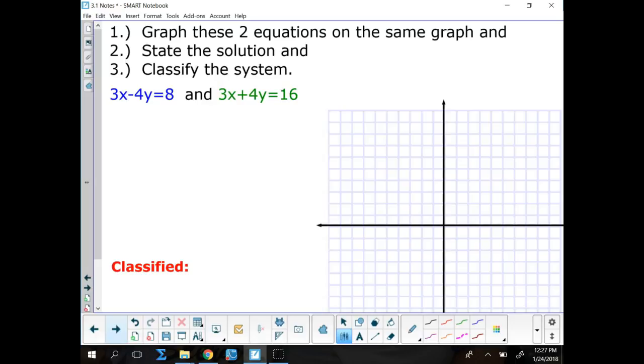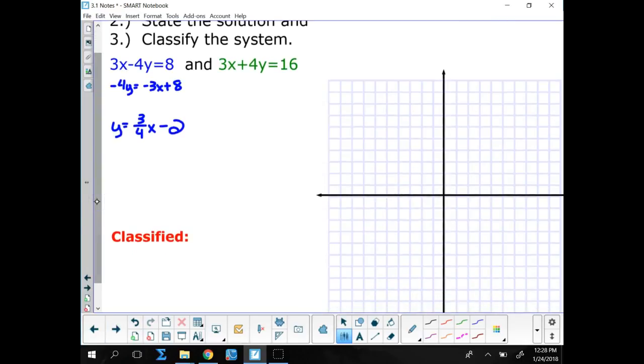If I'm solving this one for y, then that becomes negative 4y equals negative 3x plus 8. Divide everything by negative 4 gives me y equals 3/4 x minus 2. So that tells me I'm going to go to my y-intercept of negative 2.